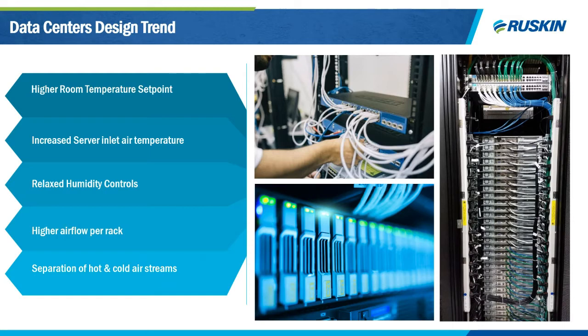Now, this is important because it allows us to do 2 things. If you have a higher room temperature set point, your supply air temperature is going to be higher. That gives you an opportunity to improve the energy efficiency of your HVAC equipment.